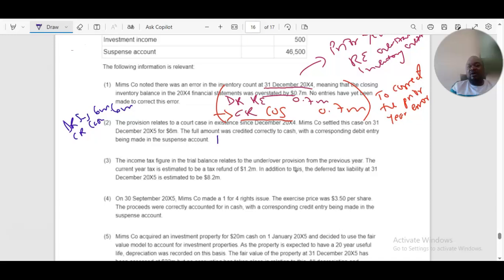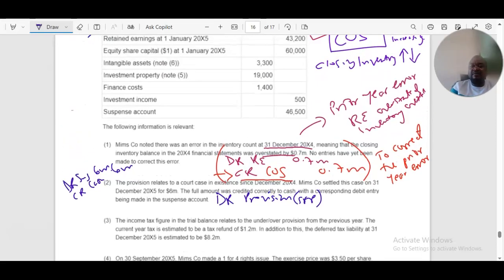So the correct position should actually have been to debit the provision, right? Debit provision. But in the provision, we cannot debit the whole 6 million like that. We need to fragment it, because in the SFP, the balance of the provision according to the trial balance is how much?